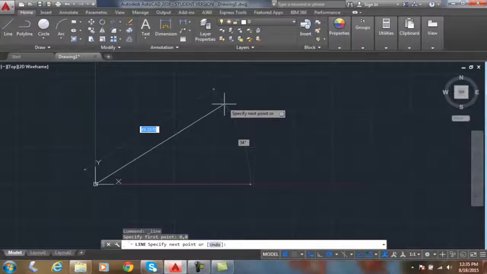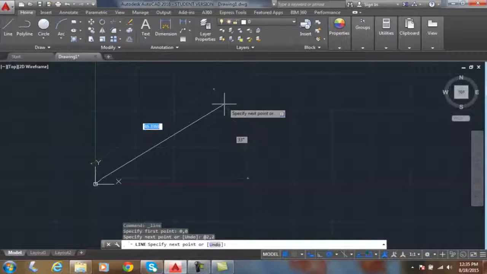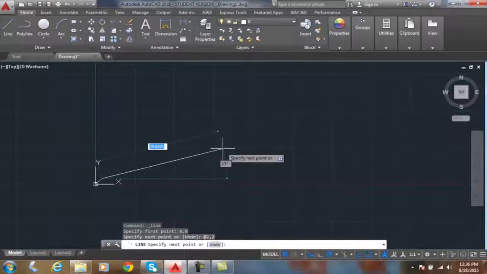Now I want to go to an absolute corner, in other words, I want to go 2 blocks. So I'm going to type in 2,2 and then enter. And when I'm done with the command, please hit enter. Now you can zoom home.